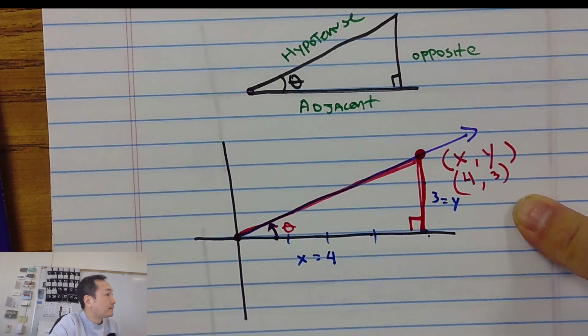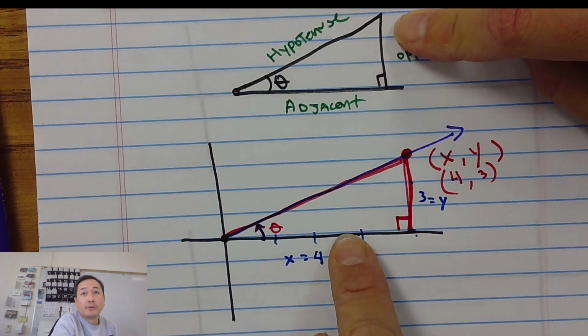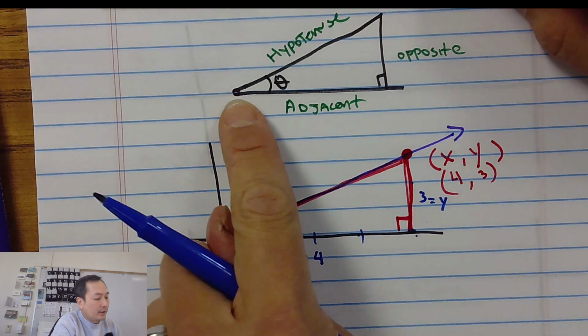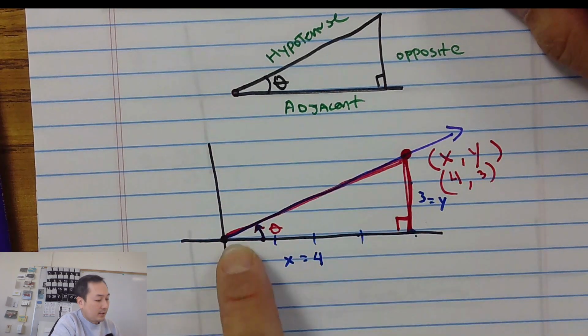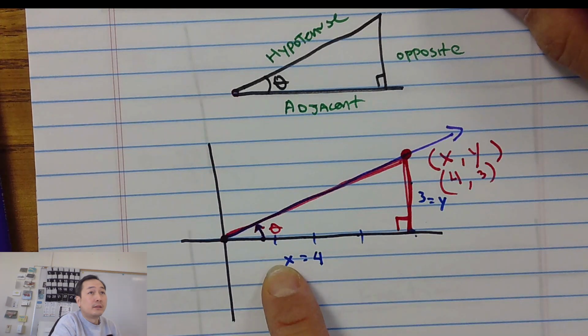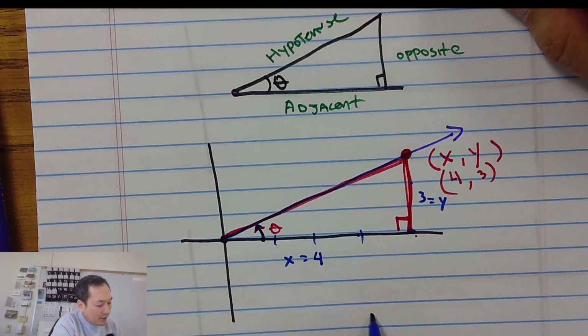Now let's compare this triangle with this triangle. Here, my adjacent side is my x. So instead of saying adjacent, I'm going to say x. So x equals adjacent.